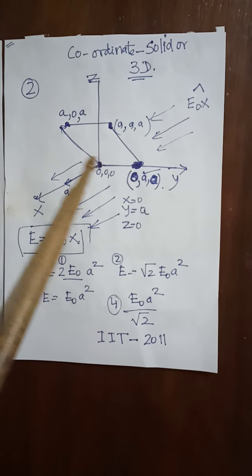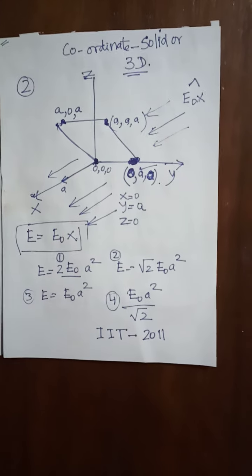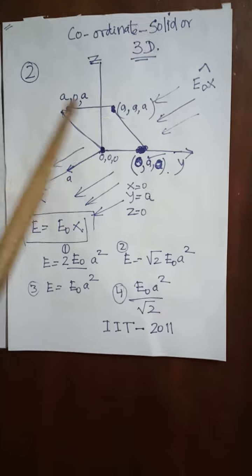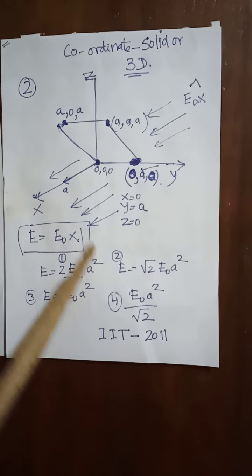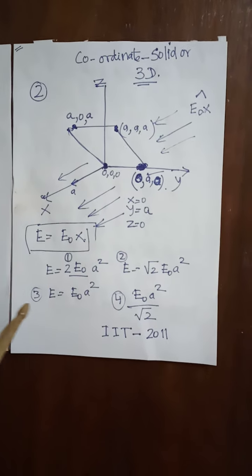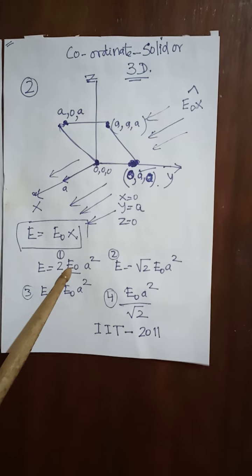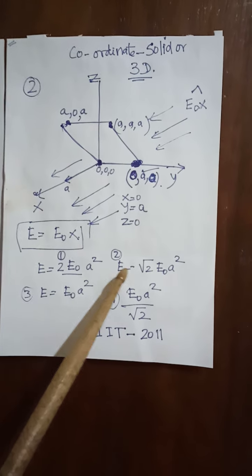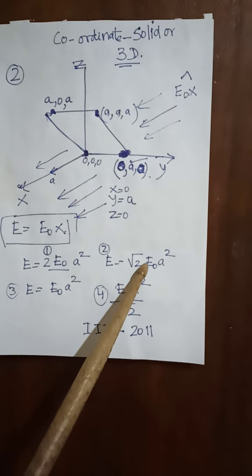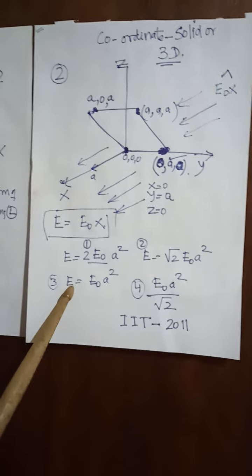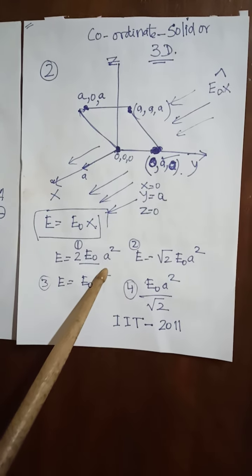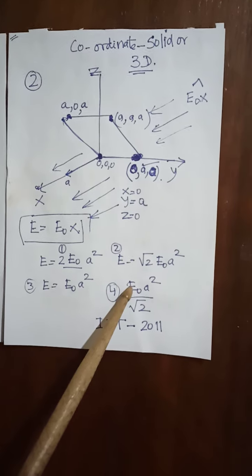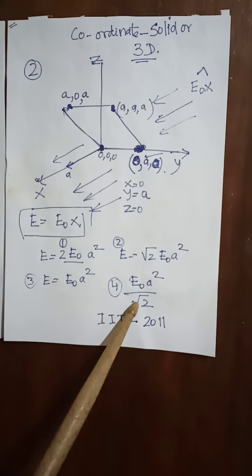IIT, JEE, West Bengal Board, Punjab, and then Karnataka, they are beautiful questions. See here. The flux is number 1, 2 E naught a square. Number 2, root 2 E naught a square. Number 3, E naught a square. Then number 4, E naught a square by root 2.